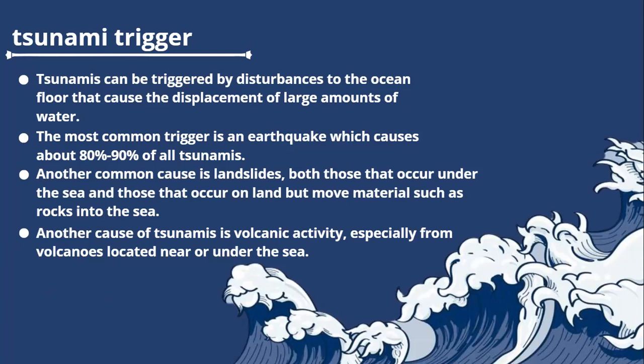The last cause of tsunamis is volcanic activity, especially from volcanoes located near or under the sea. Generally, volcanic activity causes the volcano rim to rise or fall, triggering a tsunami similar to an undersea earthquake tsunami. However, it is also possible for a large eruption to destroy a volcanic island in the middle of the ocean, causing moving water to fill the empty island area and initiate large waves.